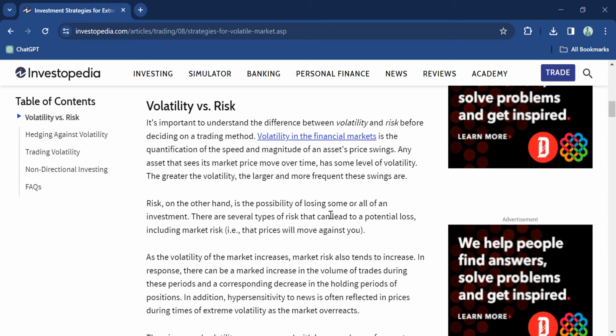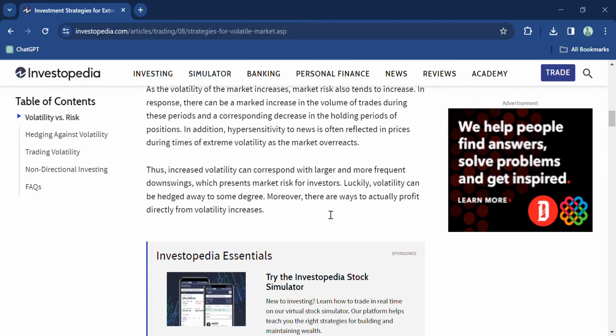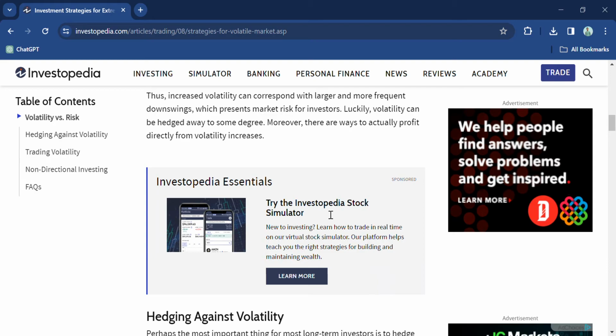In response, there can be a marked increase in the volume of trades during these periods and a corresponding decrease in the holding periods of positions. In addition, hypersensitivity to news is often reflected in prices during times of extreme volatility as the market overreacts. Thus, increased volatility can correspond with larger and more frequent downswings, which presents market risk for investors.